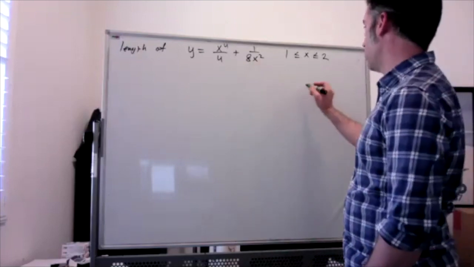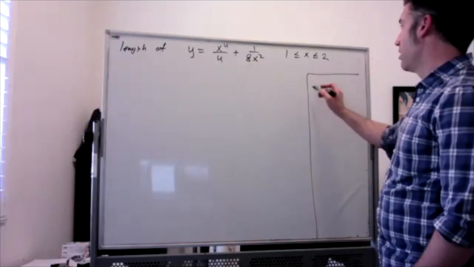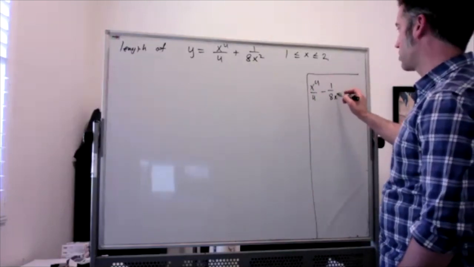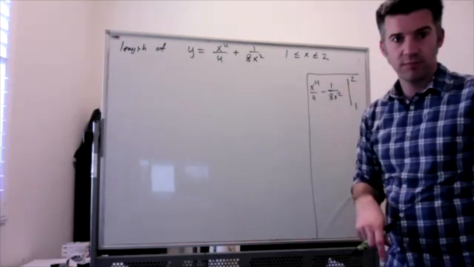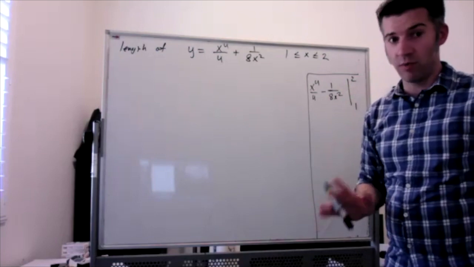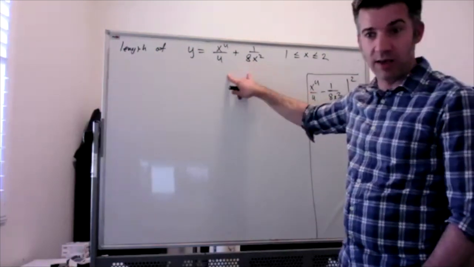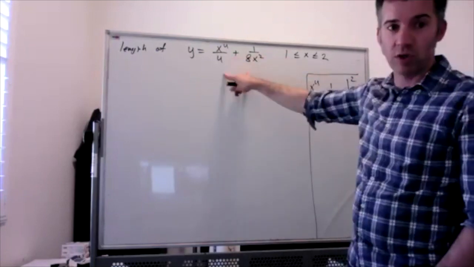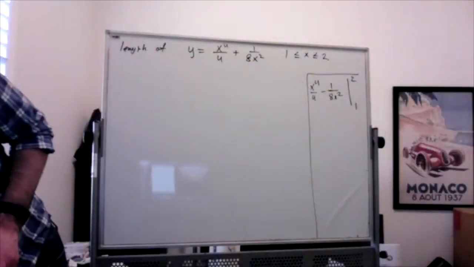The answer is going to be x to the fourth over 4 minus 1 over 8x squared, evaluated between 1 and 2. That doesn't mean you don't have to show the work, but if you recognize this kind of thing, you can be pretty sure that the final answer is going to be the same function, except the middle sign is flipped and evaluated at your points.